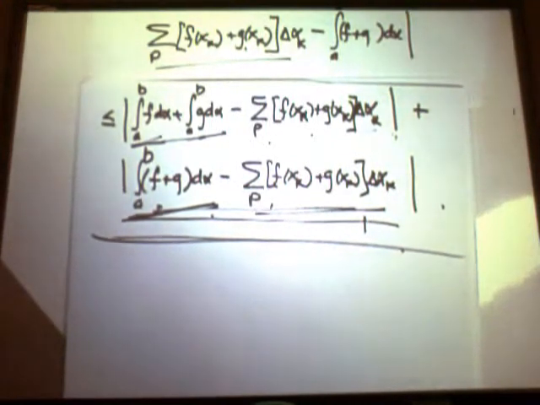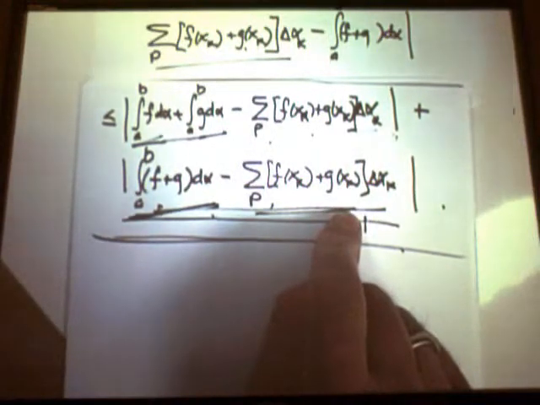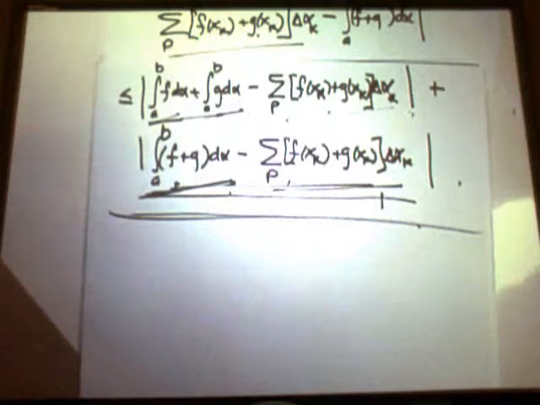So I try to stay away from those if I can, and that's why I went this direction. But you might be able to do that. How would you start? You would have to show for some partition that the sup minus the inf for f plus g times the Δα summed up over the partition is less than a preassigned epsilon.